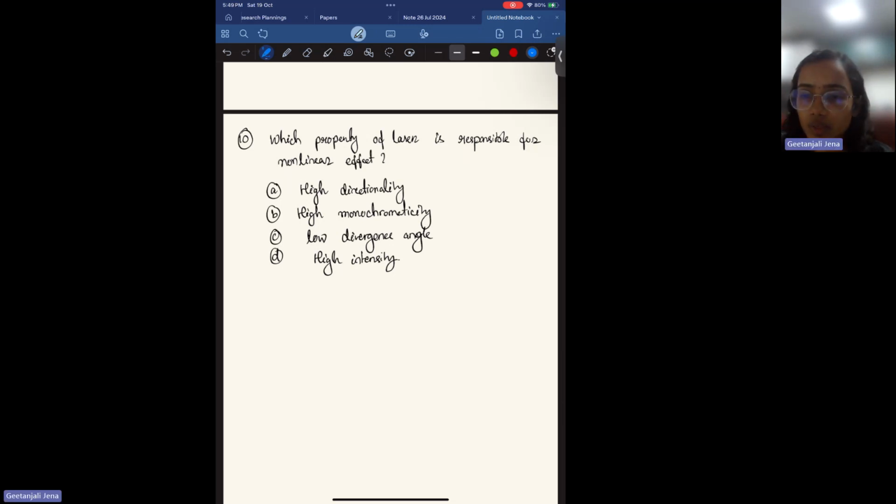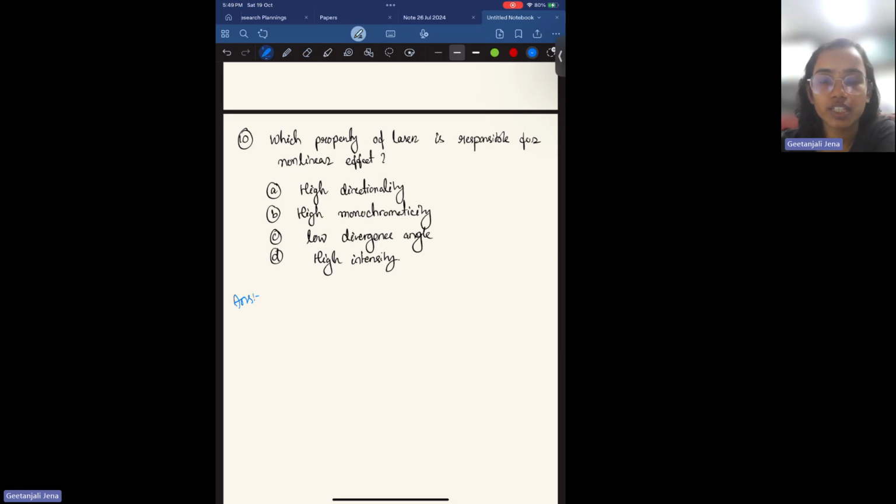This is a conceptual problem. Please go through the question once. It's an easy question, not that difficult. The question says, which property of laser is responsible for nonlinear effect?